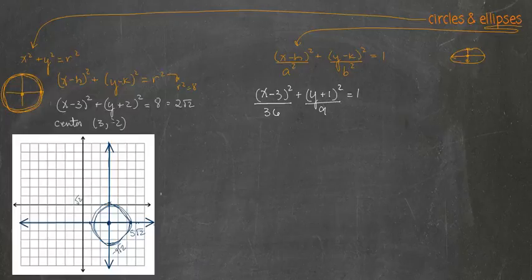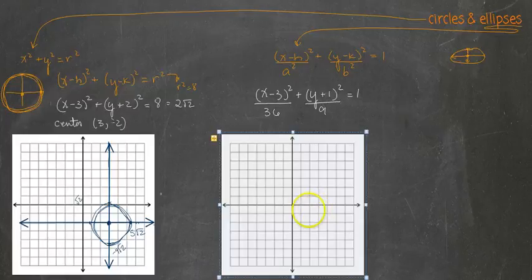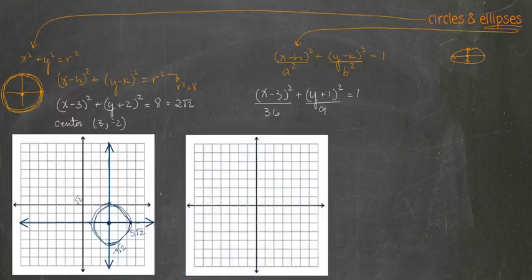First, I'm going to want a new plane that I can graph my ellipse on. And then I'm going to want to rewrite this equation, right? Because I have an a squared in the denominator here and a b squared here, just like I did over here where I had r squared. I wanted to find out what r was. So I'm going to want to find out what the a and b values are.